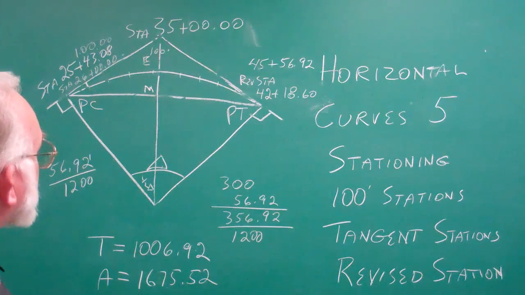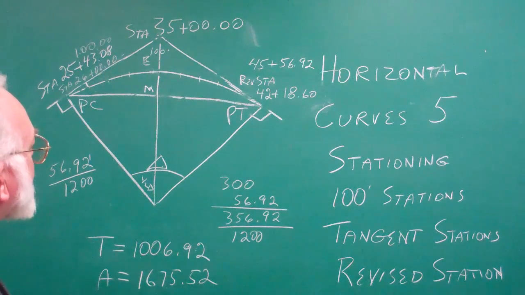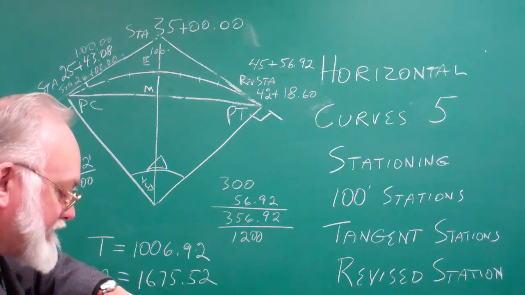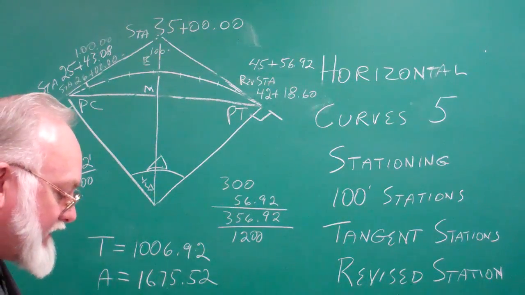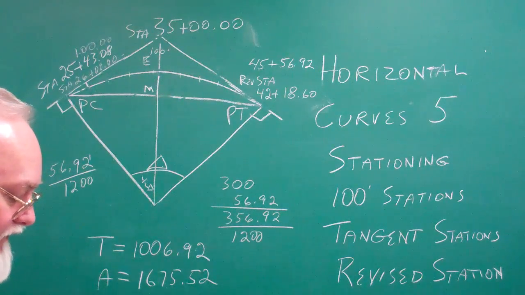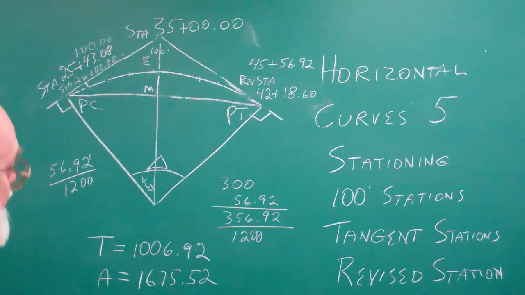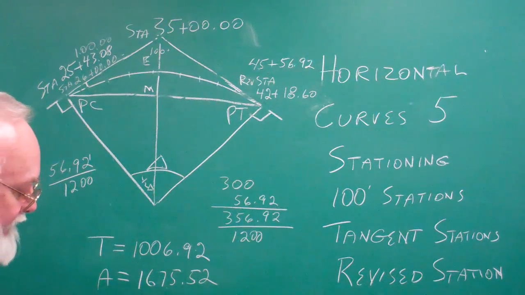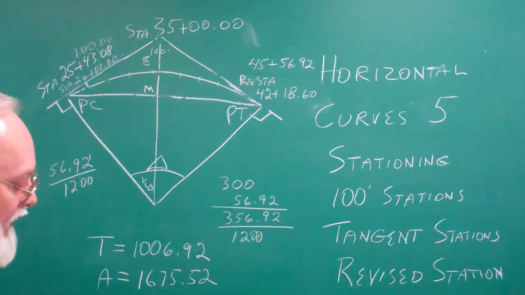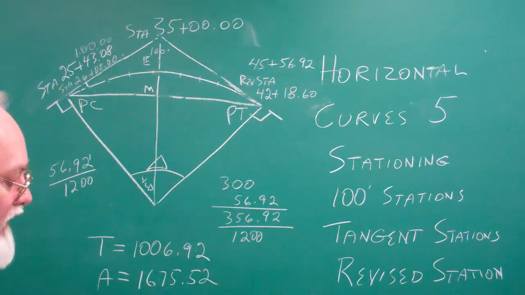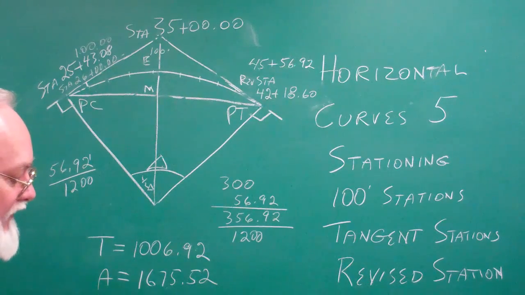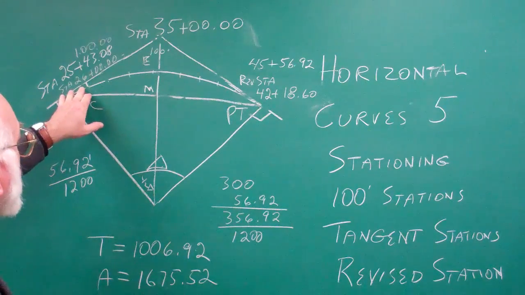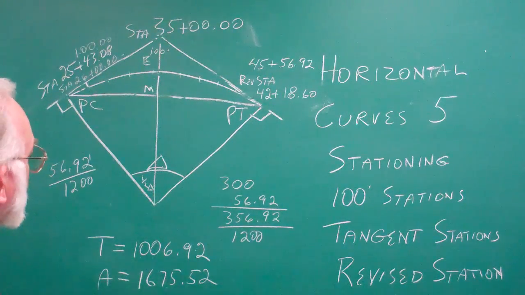Well, that's nice. If you take that and divide that by 2, you come up with 8 degrees, 31 minutes, and 14.9 seconds. That's your staking angle. And your distance is going to be equal to 1200, the radius, times 2 times the sine of that central angle divided by 2, where the central angle is formed by the 56.92 and the 300.